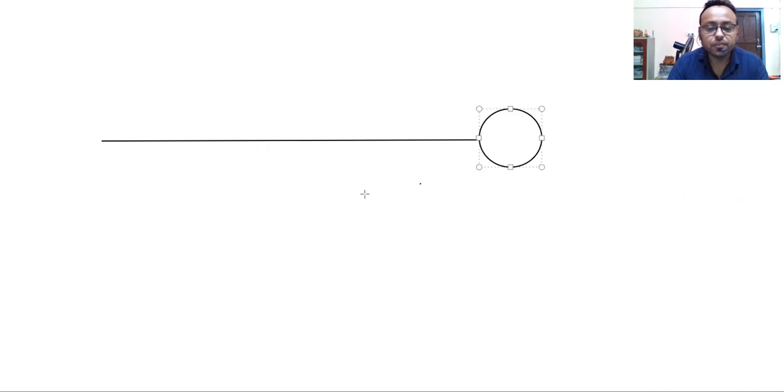This is our nucleus, drawn big, and it is attached to the electron, which is very small. The distance between them is the radius of the atom.